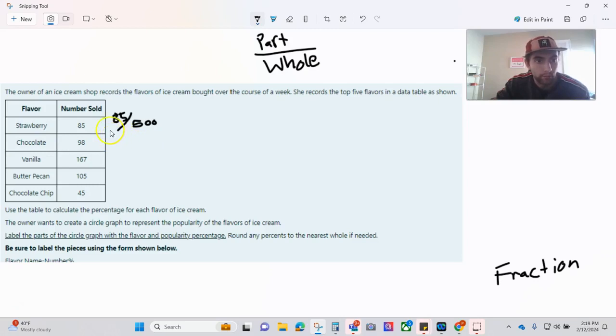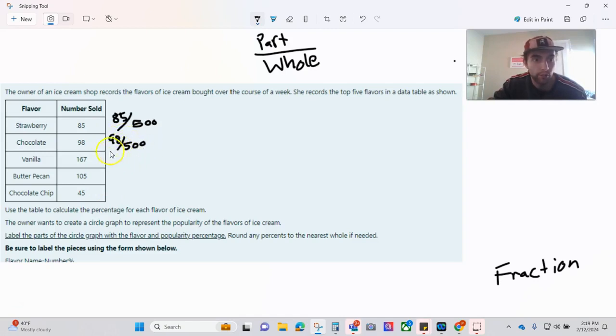Now we have a fraction, part and whole. The whole is 500 because that's how many ice creams were sold. The part for strawberry is 85 because there are 85 strawberries sold out of all the ice cream. Now let's make a part to whole fraction for the rest of these. For chocolate, it would be 98 on top of 500.